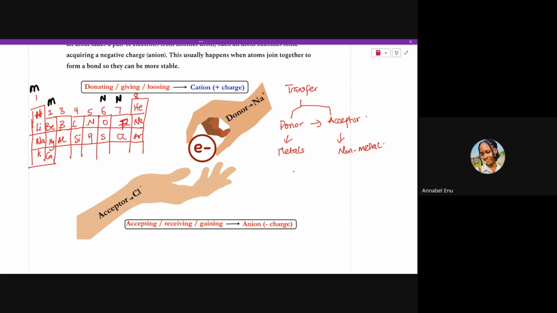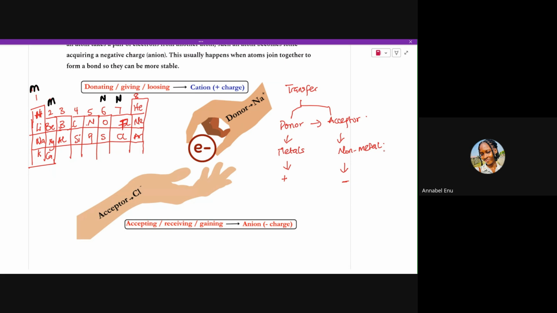One other thing we can take note of is that electron donors are positively charged and electron acceptors are negatively charged. In chemistry, it's just like the reverse of maths.